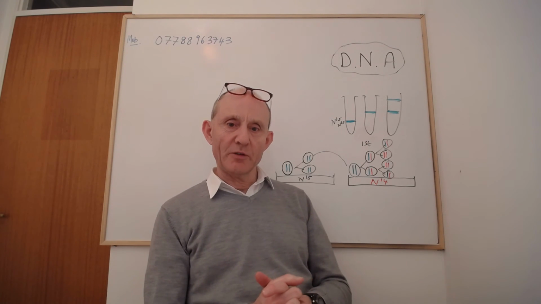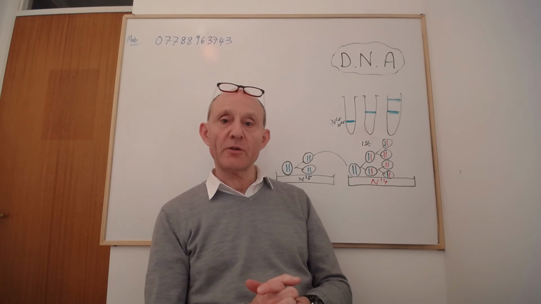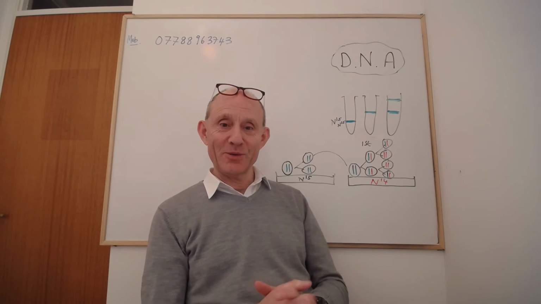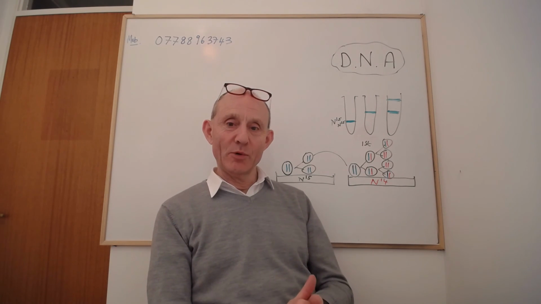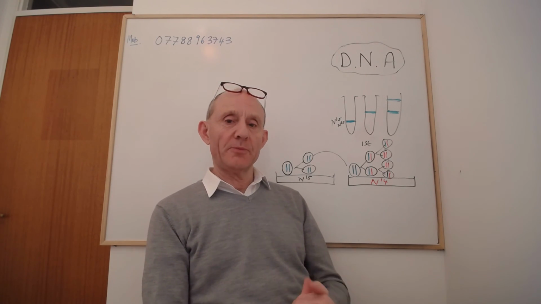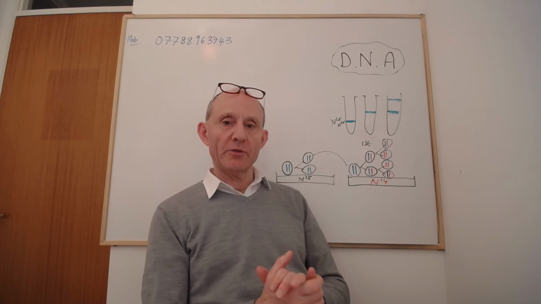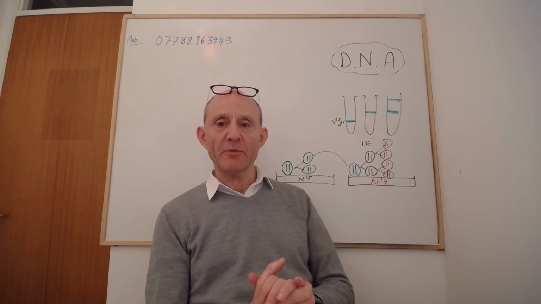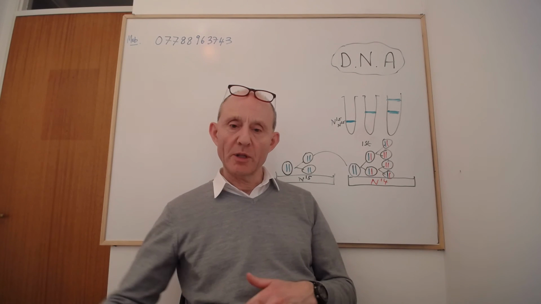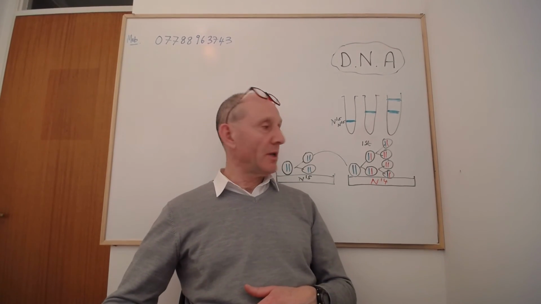This is the actual experiment that did involve such things as centrifuging and isotopes and so on, and that's really beyond most biology students. But actually doing the questions is relatively straightforward once you've gone through a few of them and practiced doing them. So I'm going to leave it at that.